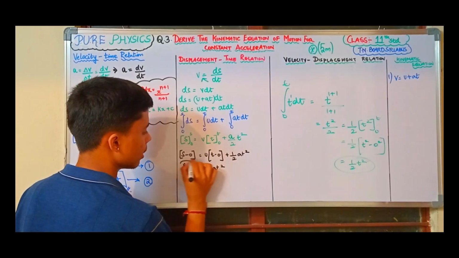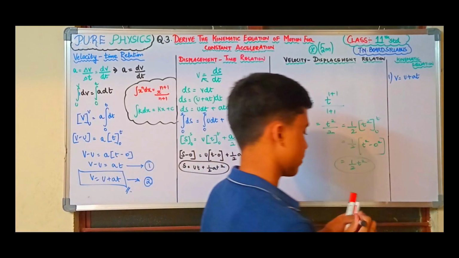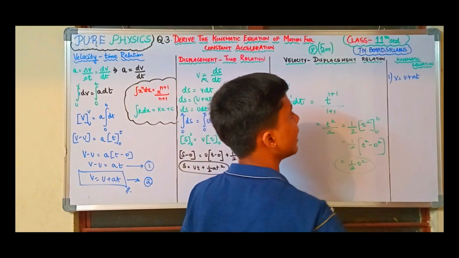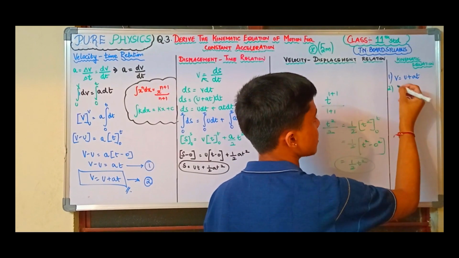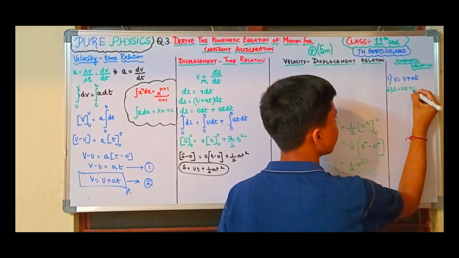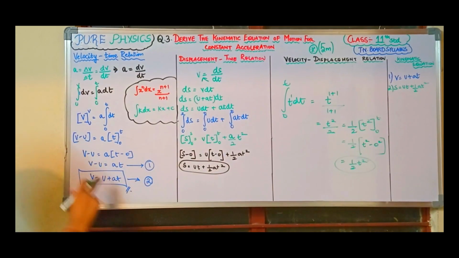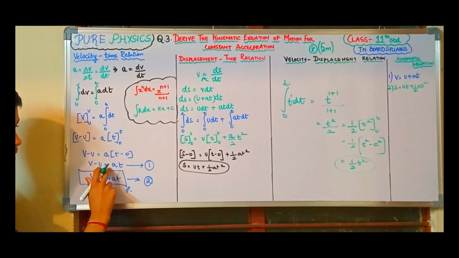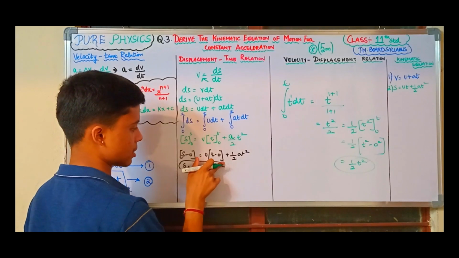So this is your second equation. The second kinematic equation that I have arrived at using the displacement time relation is s is equal to ut plus half at square.